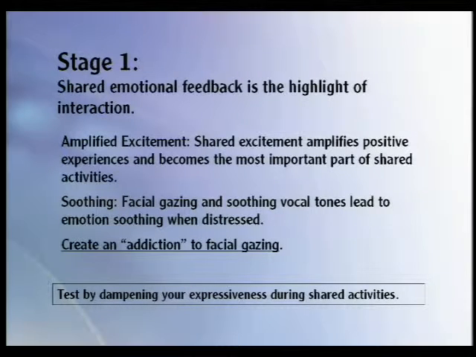We also know when we're mildly or moderately distressed, we can look at the face of someone we trust, and their facial expressions and sounds and voice can serve to soothe us, to decrease our distress. So those two factors, amplified excitement and soothing, become conditioned in the neurotypical baby. They don't necessarily become conditioned in children on the autism spectrum. So the first step is to create that addiction.